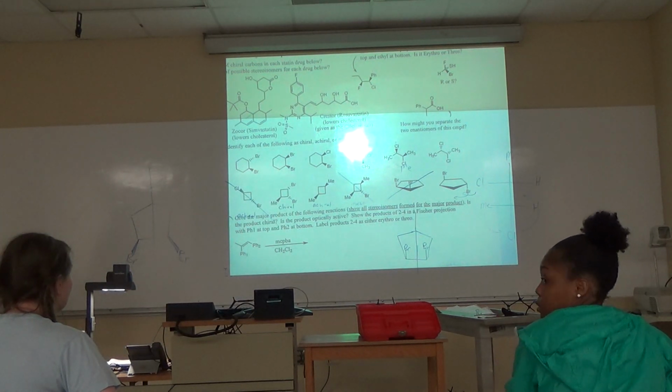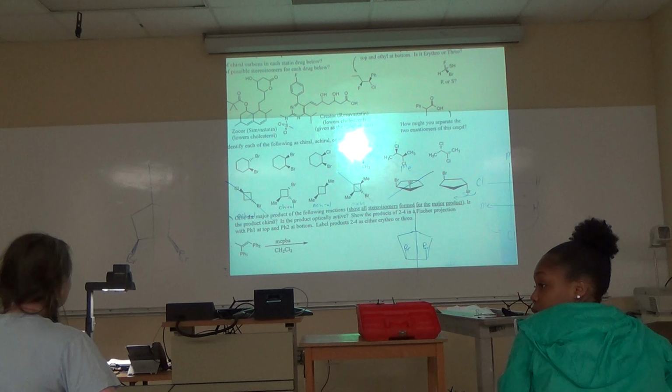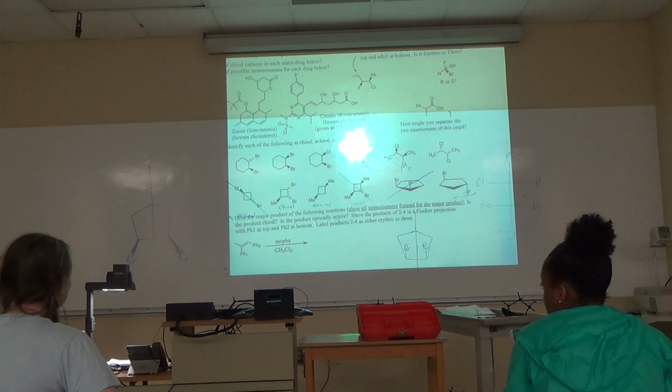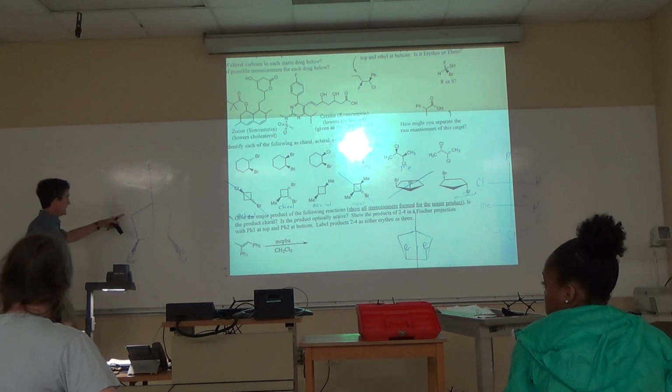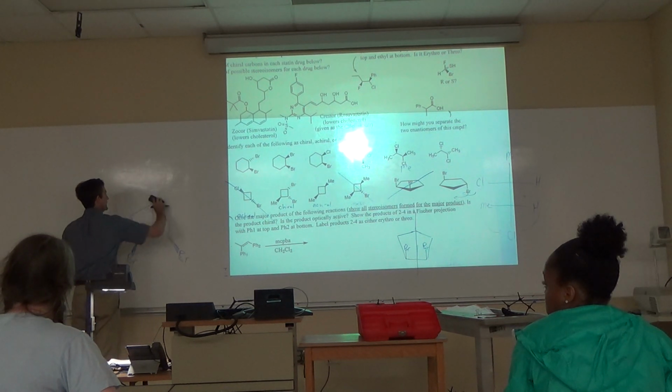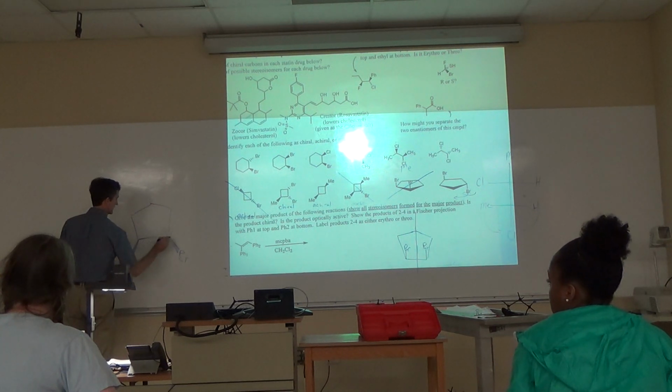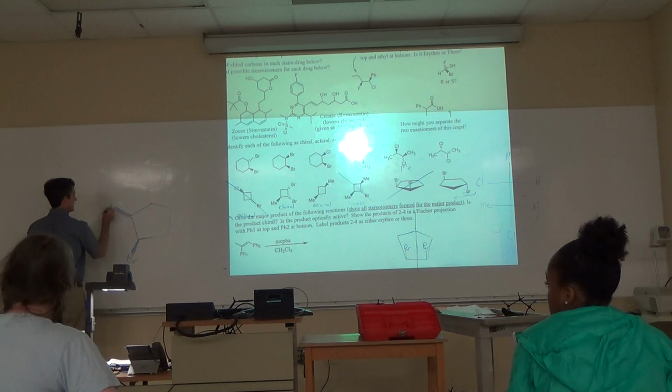What if we put the bromine so that one of them is on the top and one of them is on the side? You mean here? Yeah, here. I think you should also be able to see it. That's the same compound. But putting one of them on the carbon... Here? Right.